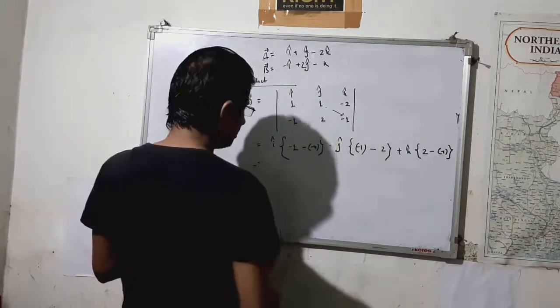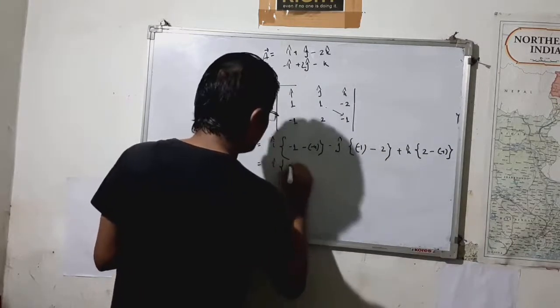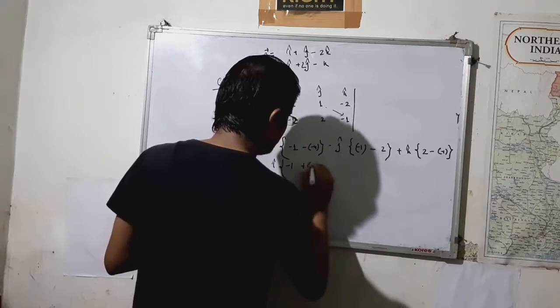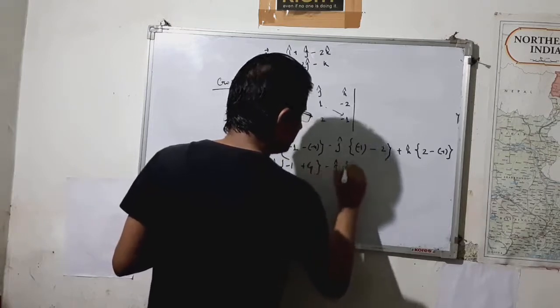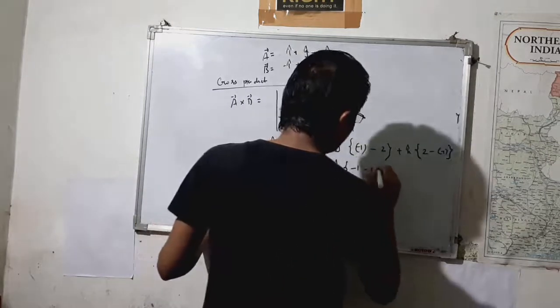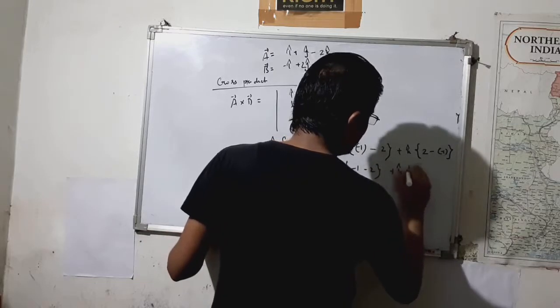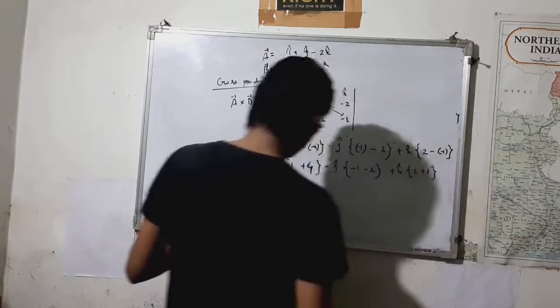So in this way, minus 1 plus 4 gives 3i, for j, minus of minus 1 minus 2, minus minus 3, so plus 3j, and for k, 2 plus 1 gives plus 3k.